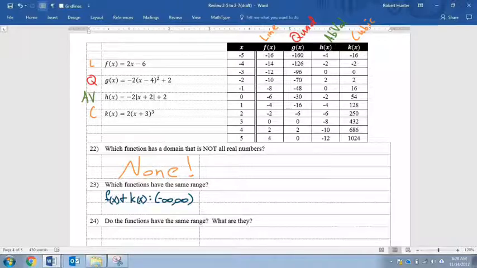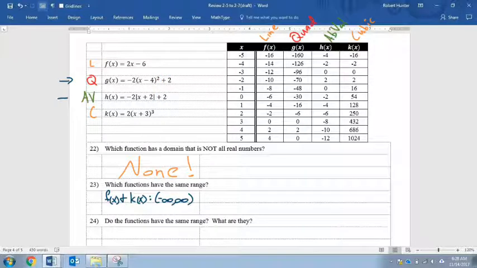But you'll go a step further and you'll realize, wait a minute, these ones are both opening down, and they both have a d value of 2.